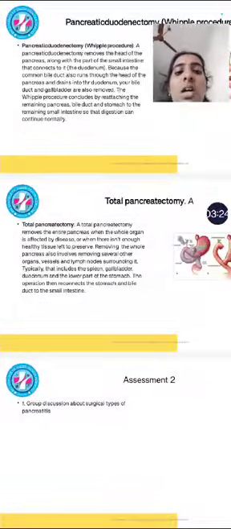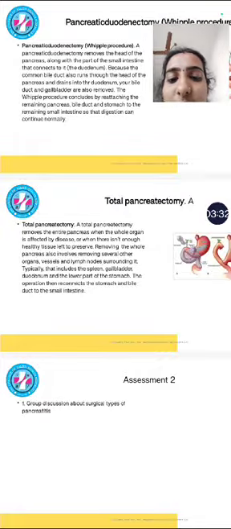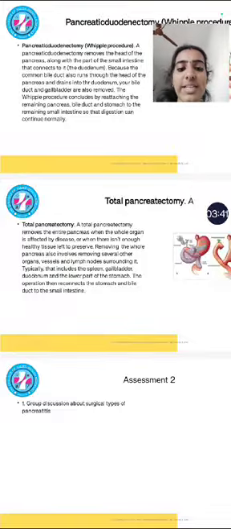The another one is total pancreatectomy. The total pancreatectomy removes the entire pancreas when the whole organ is affected by the disease or when there is not enough healthy tissue left to preserve. Removing the whole pancreas also involves removing several other organs, vessels and lymph nodes surrounding it.